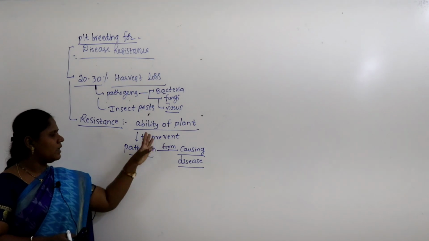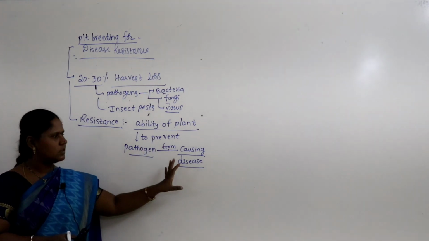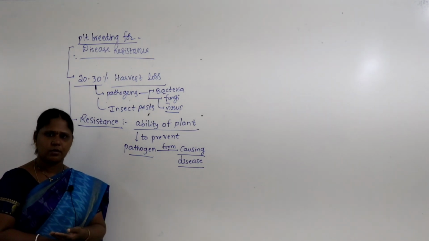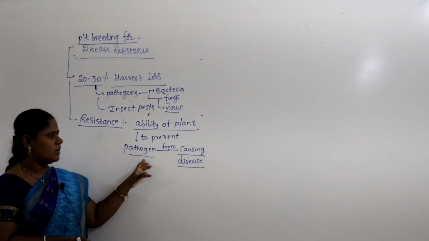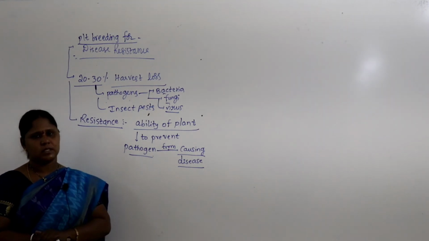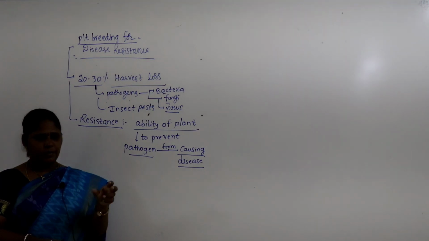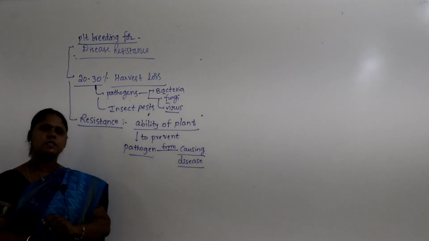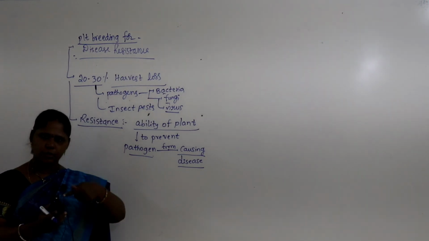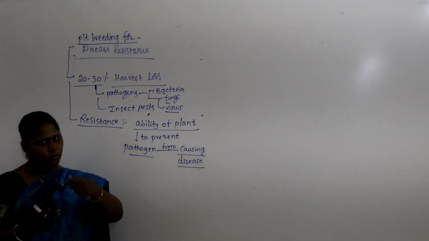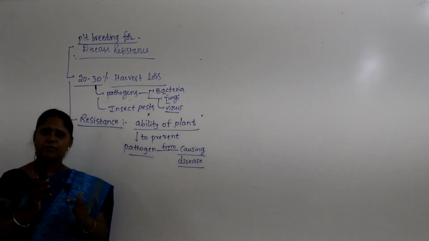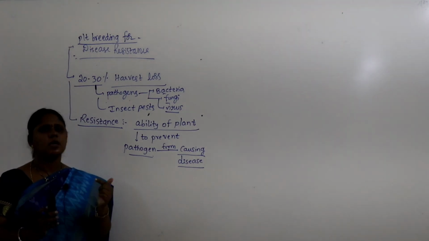So how does the plant itself prevent the pathogen from causing disease? Guys, you don't have to worry. In the coming chapters like genetics and biotechnology, we have very good examples where the plant produces proteins that are not harmful to the plant. But when an insect is trying to bore a hole, these proteins present in the plant become toxic to the insect.